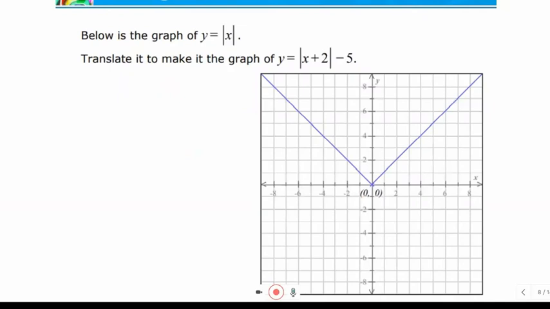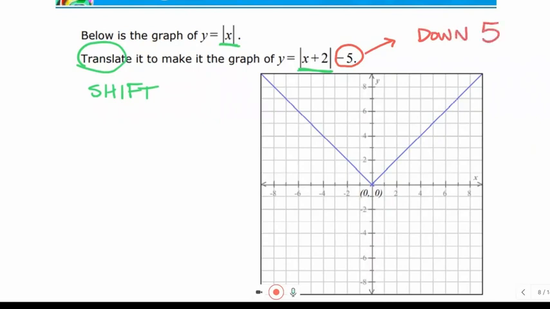So here's another problem. Same deal. Translate it. Let's get shifty. How are we going to move this baby? I have x squared, or not x squared, this is actually the absolute value function. I have a -5 outside the absolute value. -5 means I'm going to move down, so we're moving down 5.